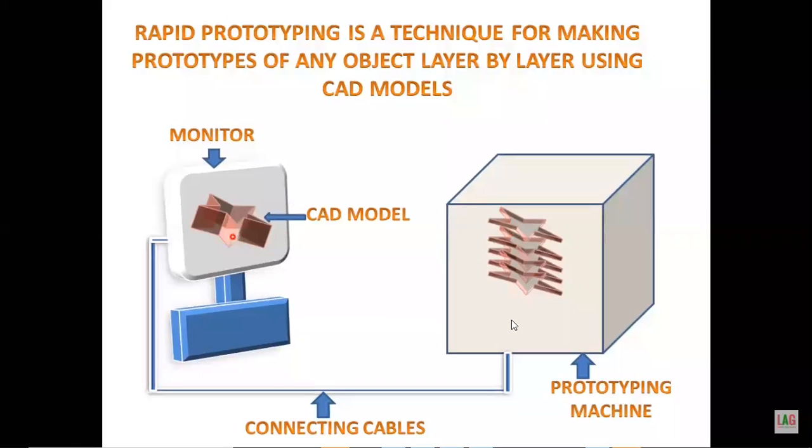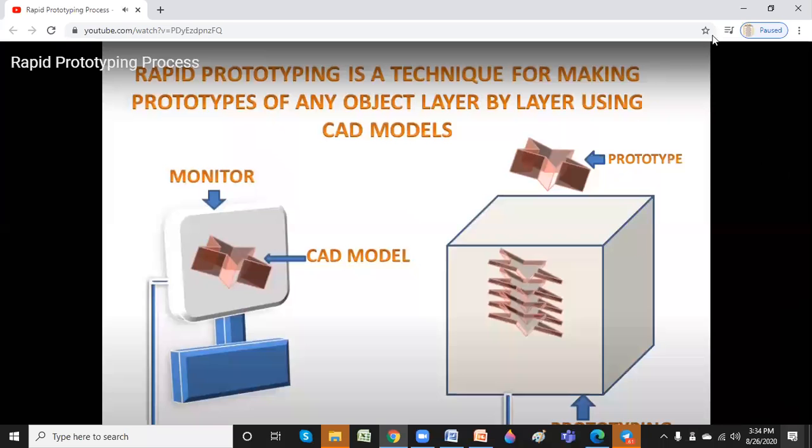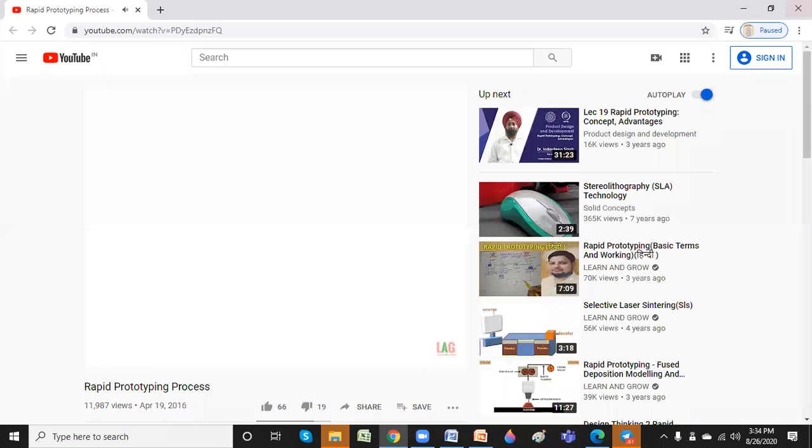We make 3D objects layer by layer and fuse them together by different means, and this will be our final prototype. This is the basic rapid prototyping process, using a 3D printer or a prototyping machine. Today we will discuss the rapid prototyping process.